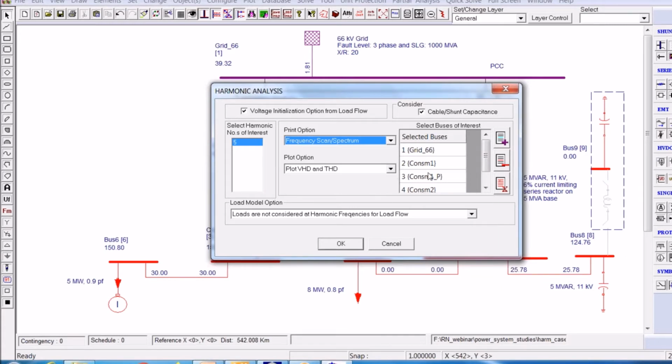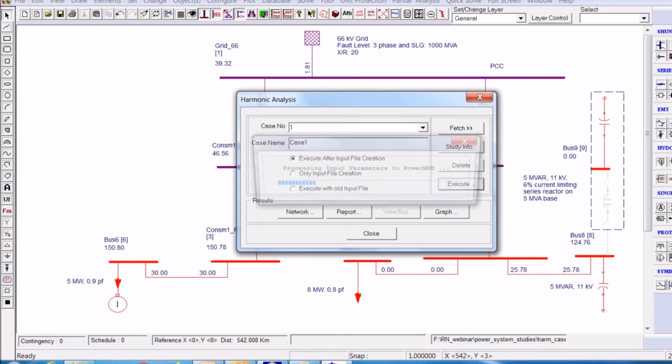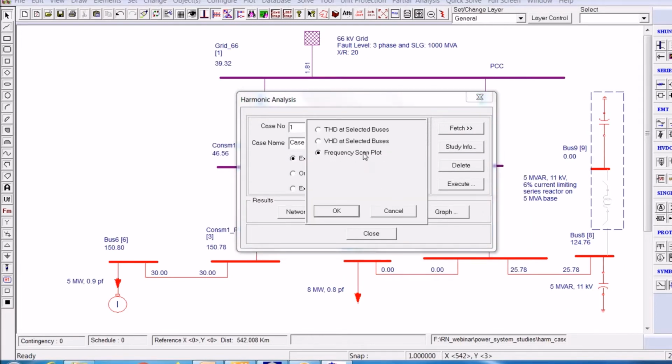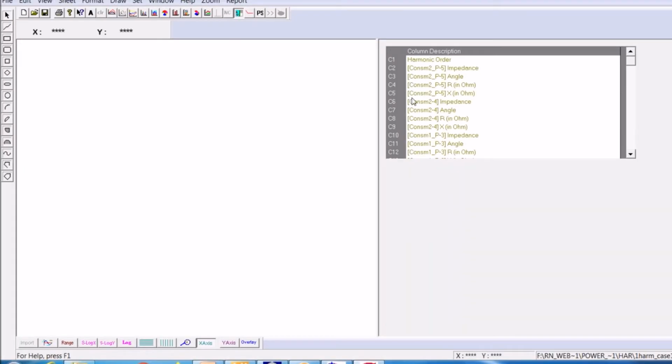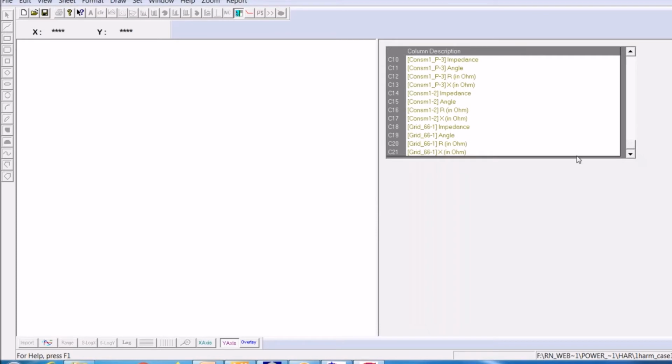Therefore, you'll be able to select the buses and then ask for the frequency scan. But grid 66, let us see what is the frequency.